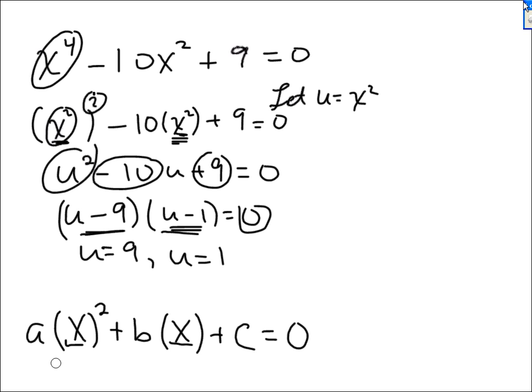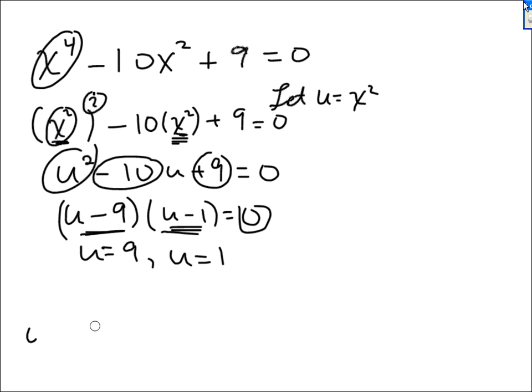Now, if somebody gives you the top equation and says, please solve it, and you come up very confident looking and say u equals 9 and u equals 1, surely the person is going to look at you really strangely. It's like, my goodness, I give this person a problem involving x's, and they tell me what u equals.